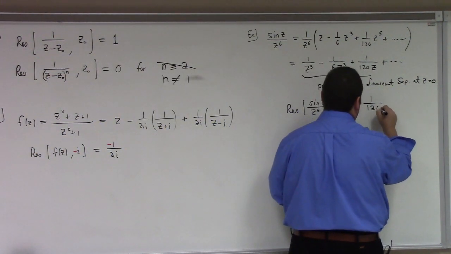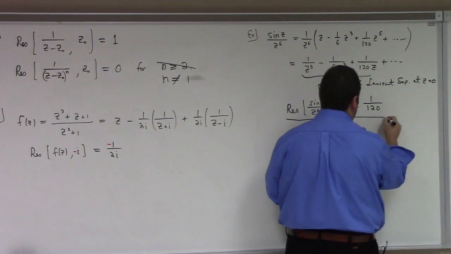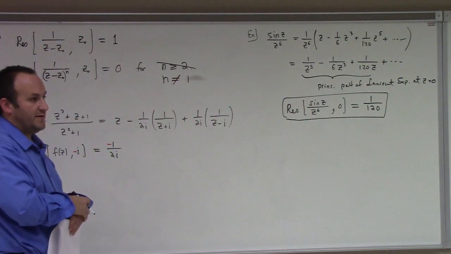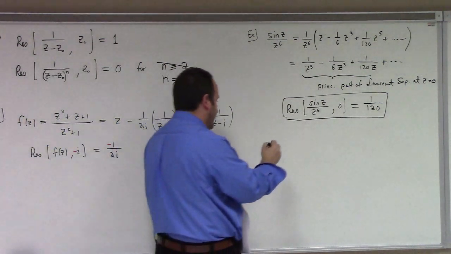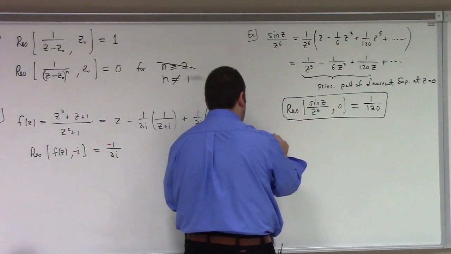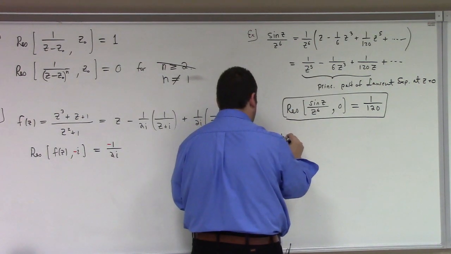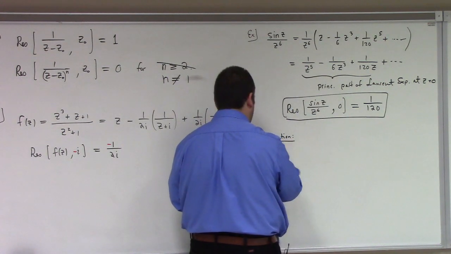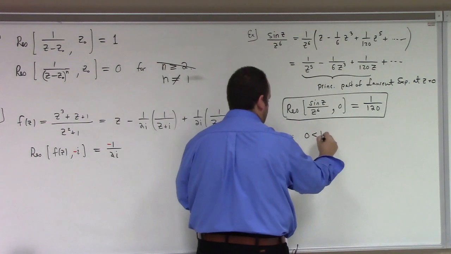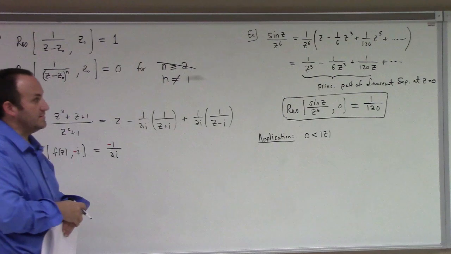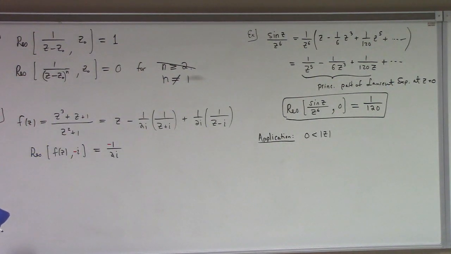You just got to calculate the Laurent series and tilt your head and squint and read it off. It's just that simple. But it has profound implications. Like, here's an application. Where is this the Laurent series for sine z over z to the 6th? On 0 less than the modulus of z, right? It's actually for the punctured plane that this is the Laurent series.